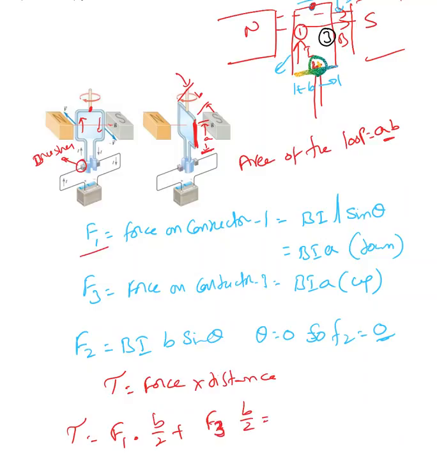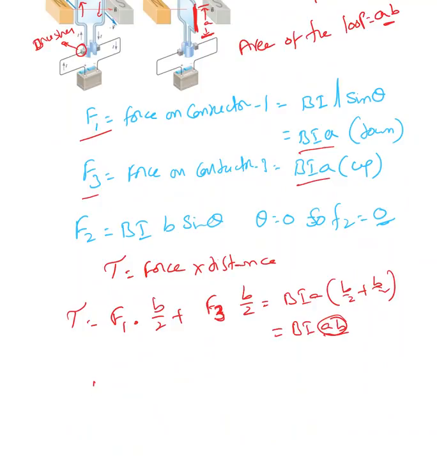Now F1 and F3 both have the same magnitude. So it's BIA times B by 2 plus B by 2, it's B, so BIA times B, and A times B is nothing but the area of the loop, so tau equals BIA sin theta. Okay, I still have that sin theta there.